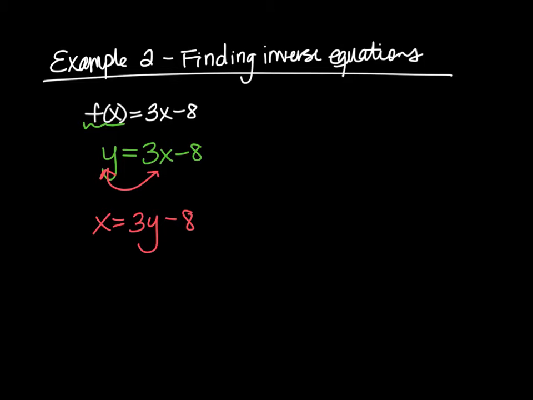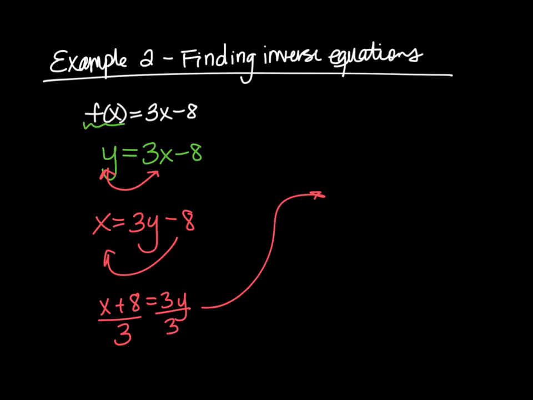Now we do need to go back and actually solve for y. So I'm going to move my 8 over. It's going to give me x plus 8 equals 3y. And then I need to divide by 3 to get y by itself, which is going to give me the function y equals x plus 8 over 3.